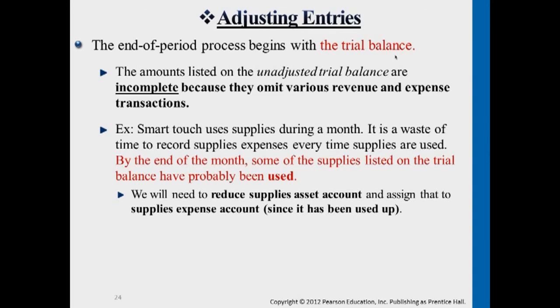Or some of the insurance premium that we paid before, we need to adjust the part that has expired, that's no longer in force. Okay, so there's just some of the adjusting entries that need to be made, but the majority has been done already under trial balance. Okay, so the purpose here again is because earlier that trial balance is incomplete with some of the adjustments under revenue and expenses that haven't been done.